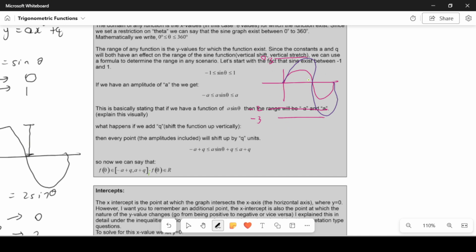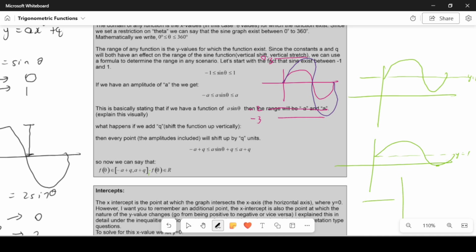Because sometimes there could be no x-intercepts, like that there. It's oscillating about this line y is equal to 2. Sometimes it could just be 1, where it does something like this here. Y equal to 1. Can you see that it'll do this here? There's one x-intercept. Can you see that? So you have to sketch the function to see what you're given.